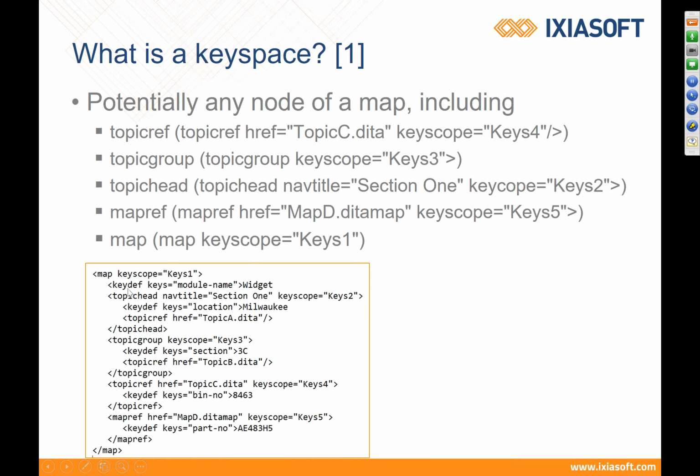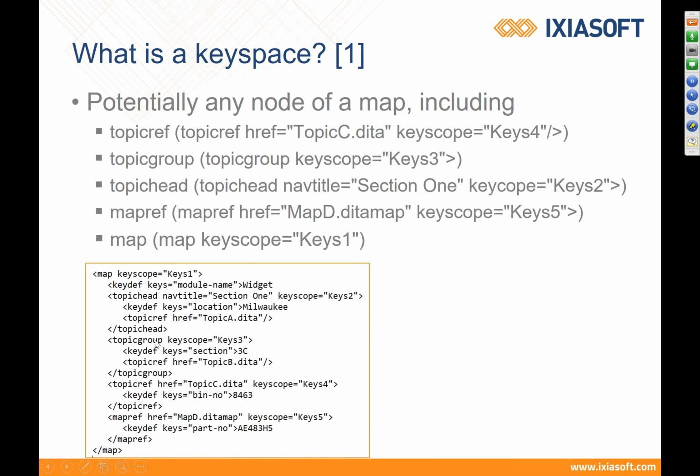Then, within the map, I have a topic head that has a key scope attribute on it with a value of keys2, which defines the entire topic head as a key space named keys2. And inside of that key space, I have a key named location, which is defined as Milwaukee.